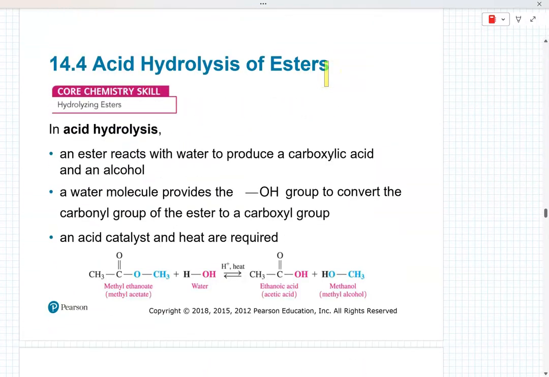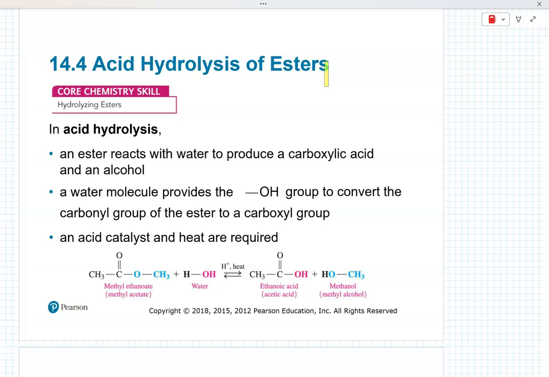It's important to understand, and that's going to be crucial for our further conversations about biological molecules, that esters, compounds that are formed by carboxylic acids and alcohols, can be hydrolyzed with acid. Okay? In this process of acid hydrolysis, a water molecule supplies the hydroxyl group.